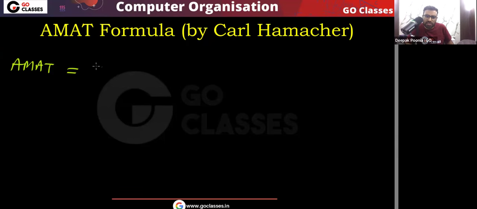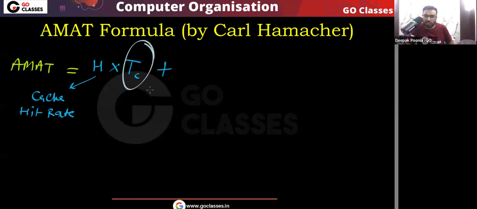Let me call the cache hit rate H. So hit rate H multiplied by cache memory access time, which is the hit time, plus miss rate into miss time. What is miss rate? That is 1 minus H, into miss time.